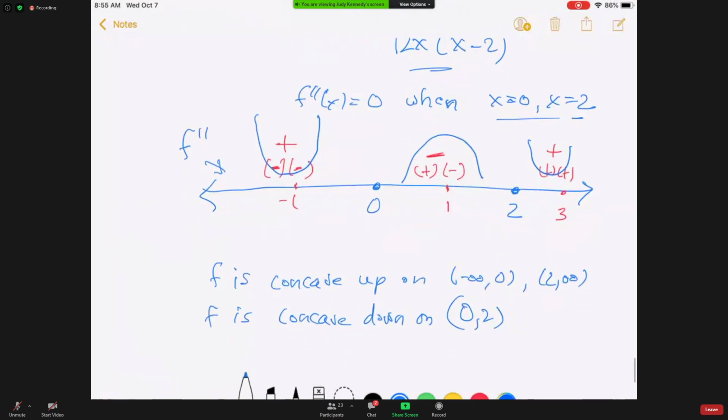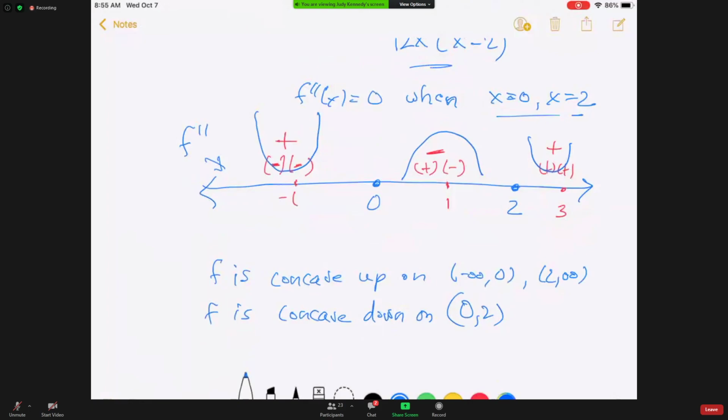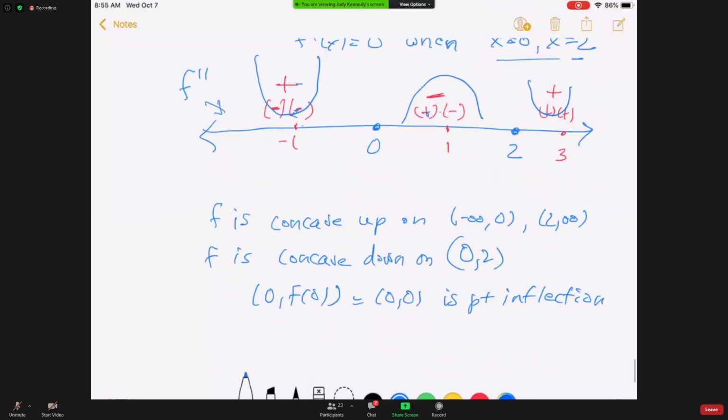Okay, and that means the concavity changed from up to down, so here to here, it changed. That means 0, f of 0, which is equal to 0, (0, 0), is a point of inflection. And so is 2, f of 2.